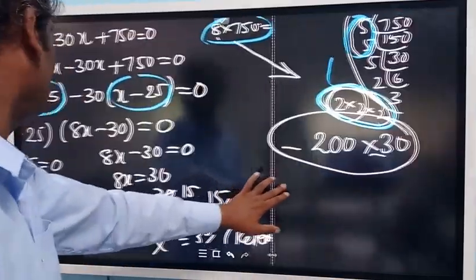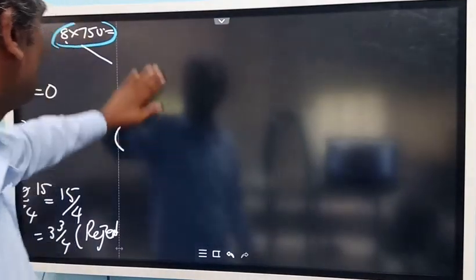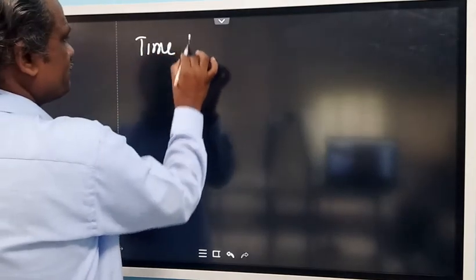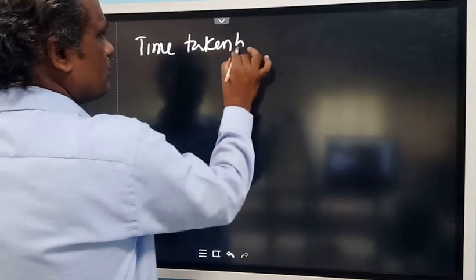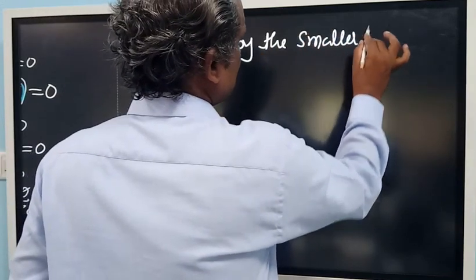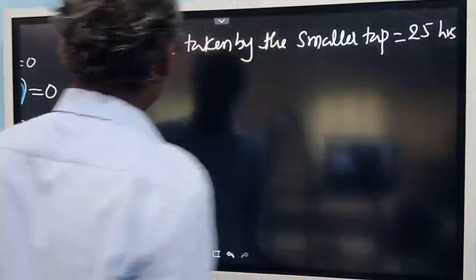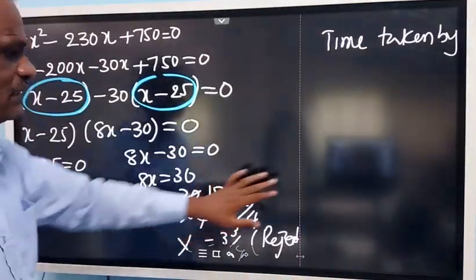You can take x is equal to 25 as the time taken. Therefore, time taken by the smaller tap is equal to 25 hours. You can accept only this, 25 hours.